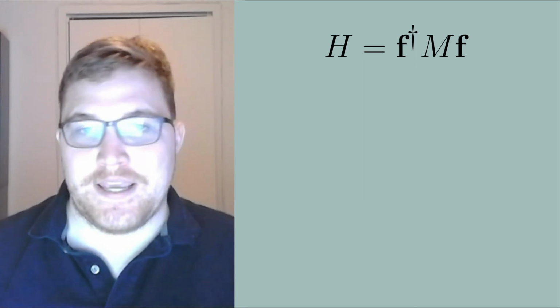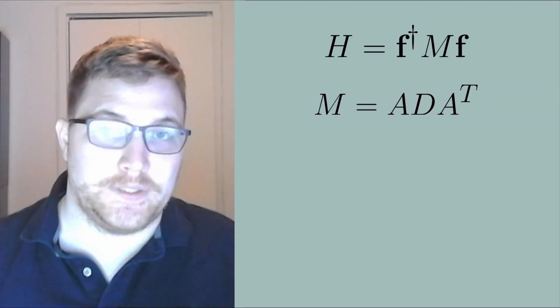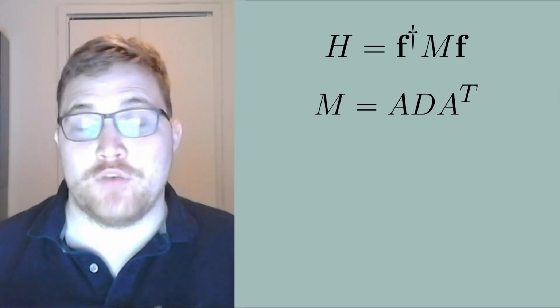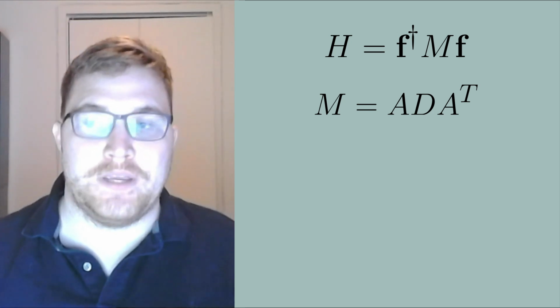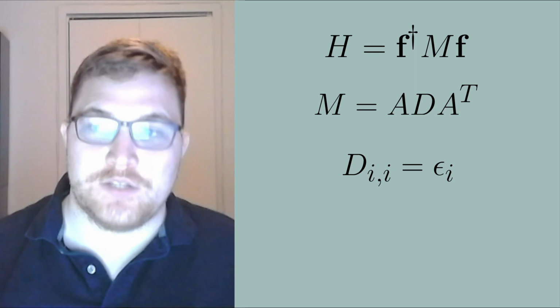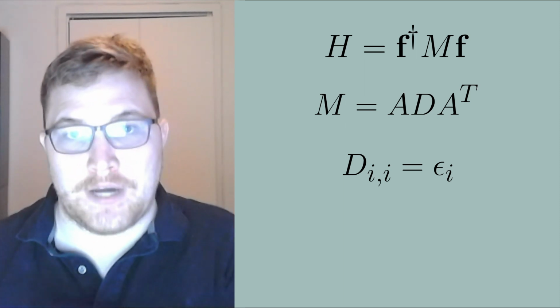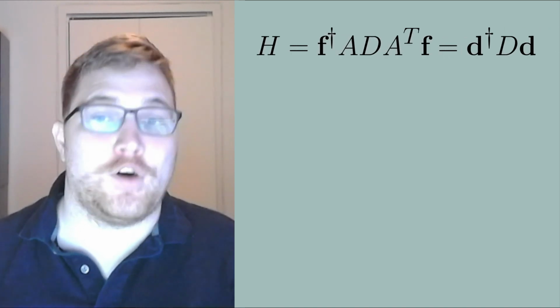Since M is a real symmetric matrix, we can diagonalize it like the following, where A here is a real orthogonal matrix, and D is a real diagonal matrix with entries D_ii equal to epsilon_i. We then define new fermionic operators by the following expression.